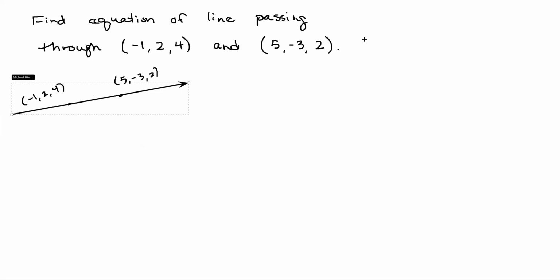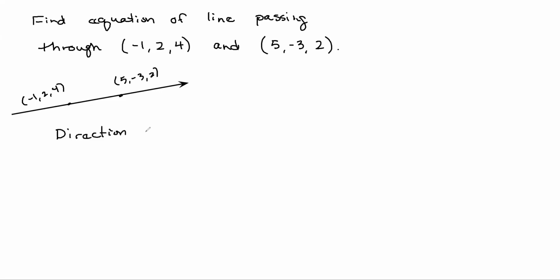We'll say that's there, and we want to find the equation of the line that passes through those 2 points. So anytime we're trying to find the equation of a line, we know that we need a point and we need a direction vector. They did not give us a direction vector, so we need to create one. And to create one, you can use the points and just subtract them.